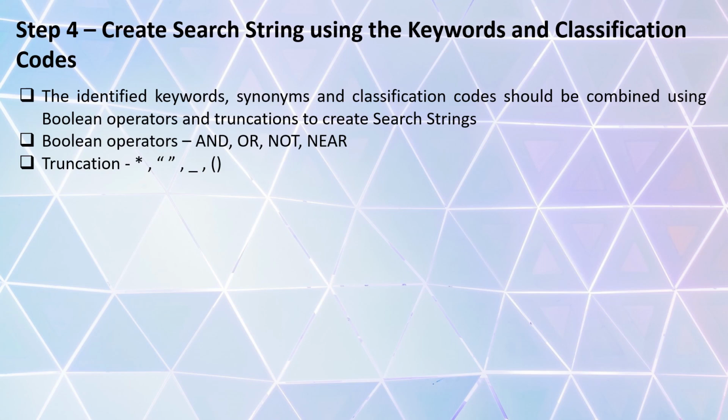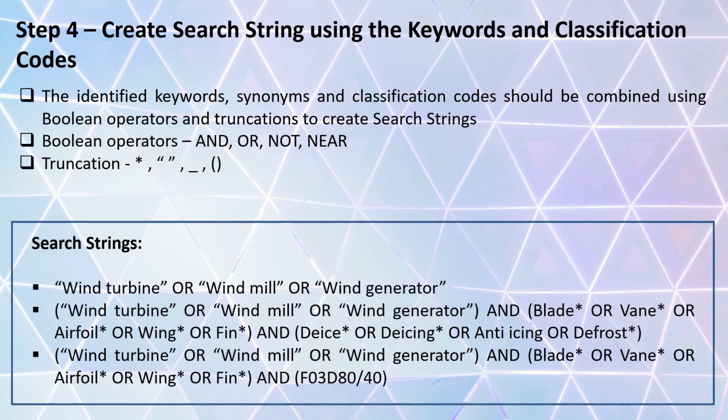Then truncations, also known as wildcards, use symbols like an asterisk, double colon, underscore or bracket. These are used to enhance the search or make a better search string. By using Boolean operators, truncations, keywords and classification codes, you eventually create a search string.